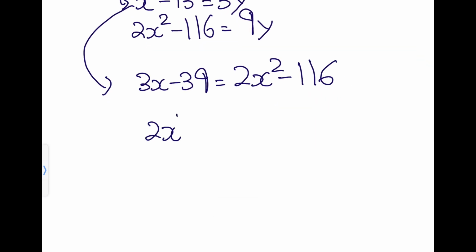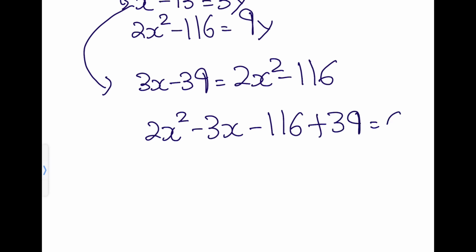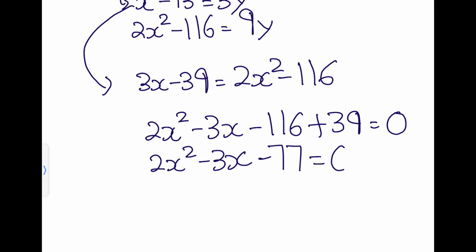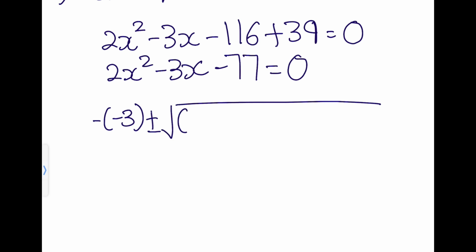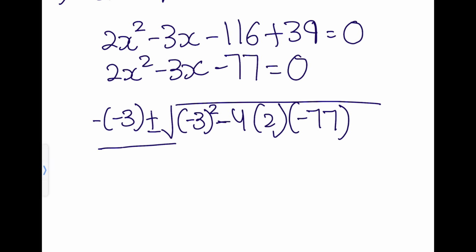Then 2x squared minus 3x minus 116 plus 39 is equal to 0. Once I have that, 2x squared minus 3x negative 116 plus 39 is negative 77, equal to 0. Then you can use the quadratic formula, that is negative b plus or minus the square root of b squared, that is negative 3 squared minus 4a negative 77, over 2a.